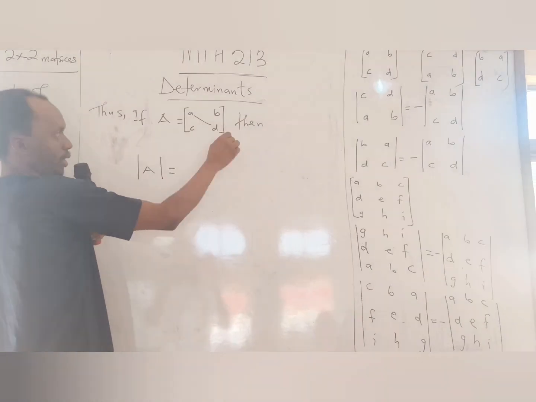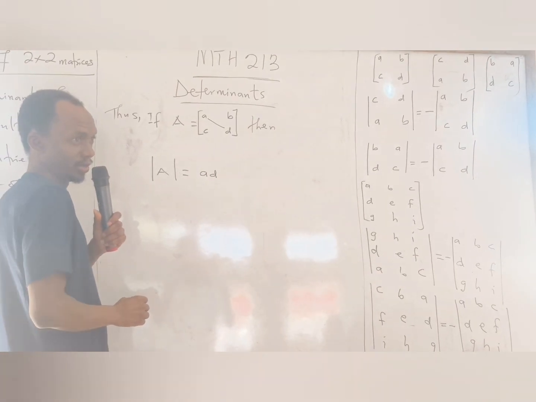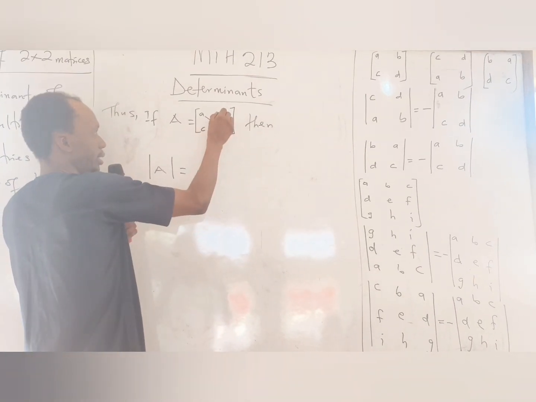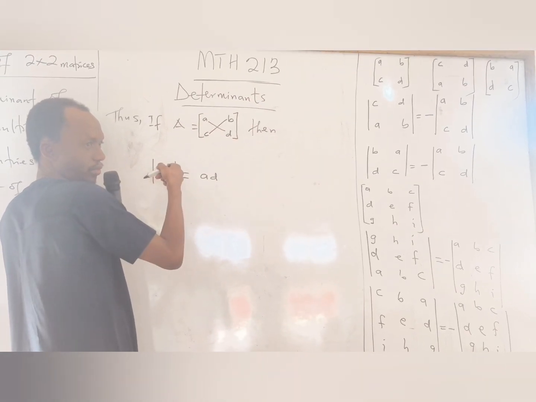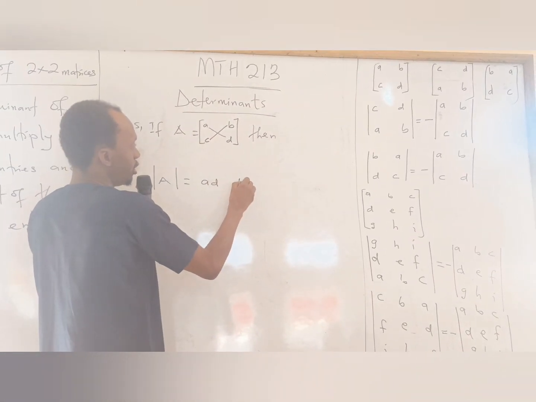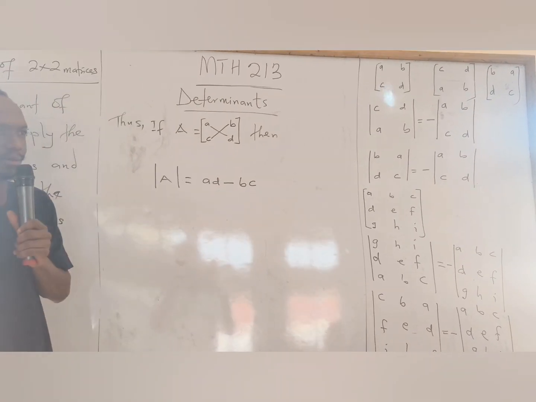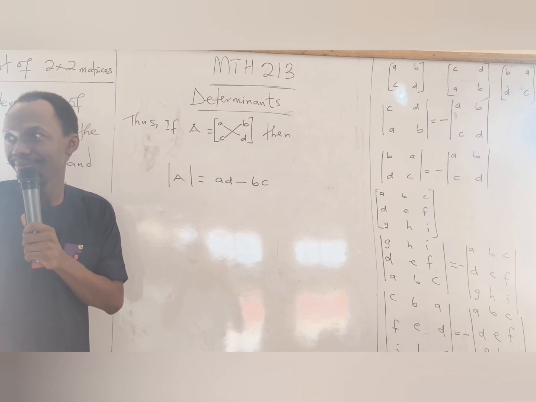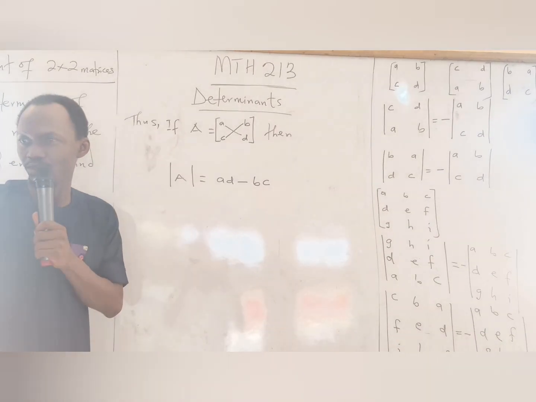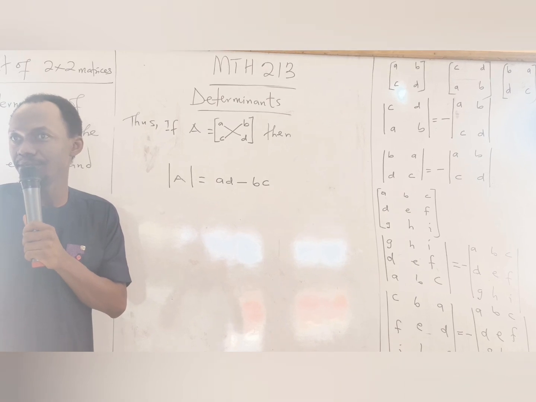So multiply them. What do you get? AD. Then multiply the secondary diagonal, top right, bottom left. BC. After that, subtract it. So multiply this way, multiply this way, and find their difference. Can you all see?